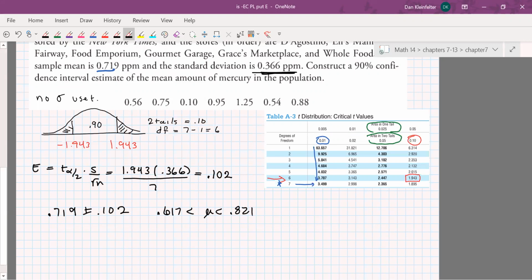All right, so what we've got then is a confidence interval for the mean amount of mercury in these sushis. So we could say that we're 90% confident that our interval 0.617 up to 0.821 contains mu.